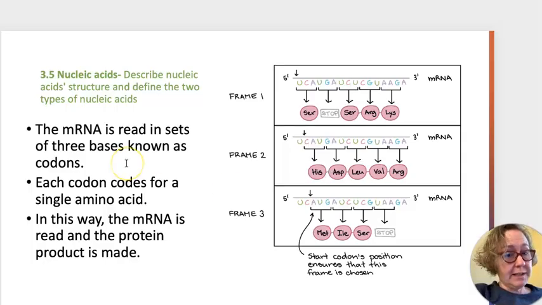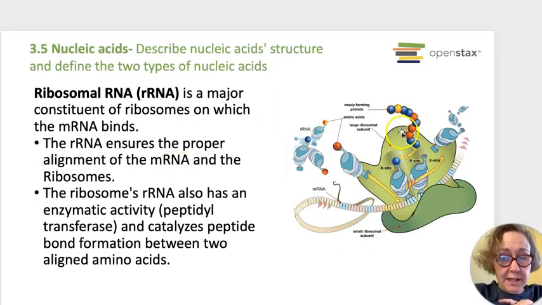The mRNA is read in sets of 3, known as codons, and each codon codes for a single amino acid. In this way, the mRNA is read and made into a protein product. This squiggly green madness is the rRNA. That's what actually puts everything together so it can make this long string of amino acids.